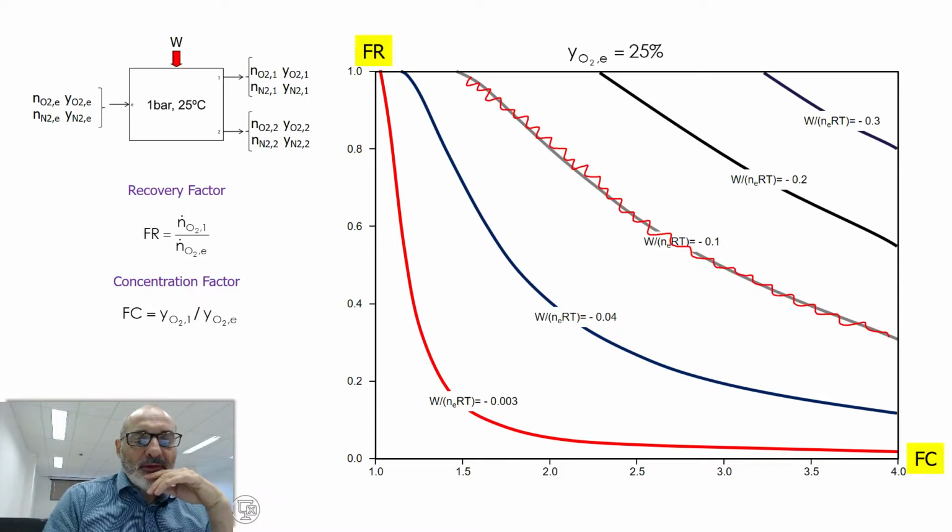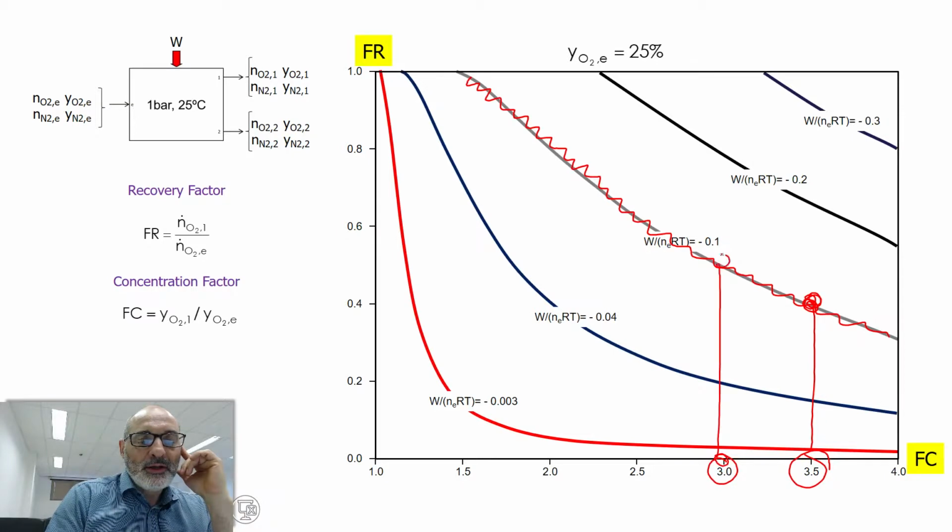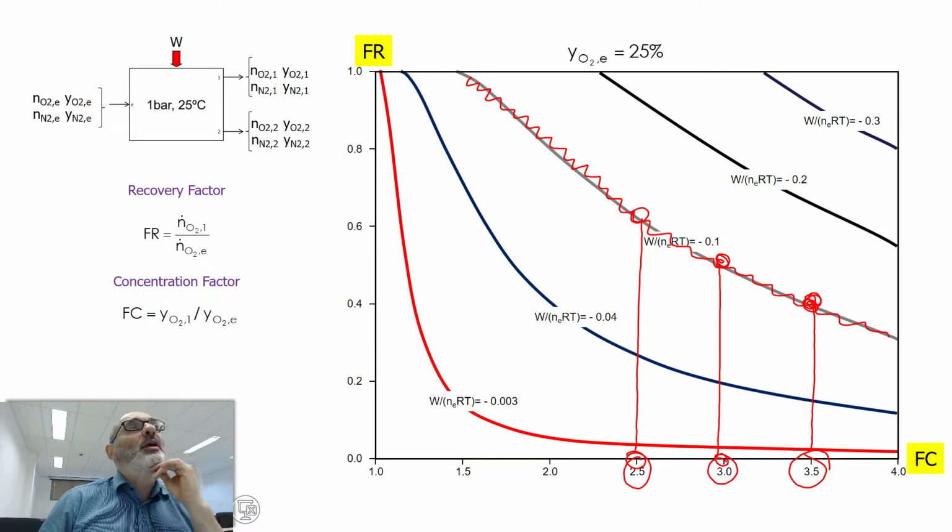When I fix the concentration at the exit, I get 1 point. Then I change the concentration and I get another point. I change the concentration, I get another point, and so on. Then I change the amount of work and repeat the process.